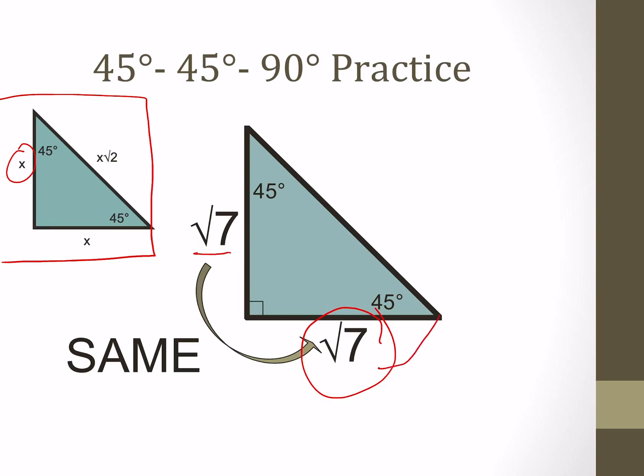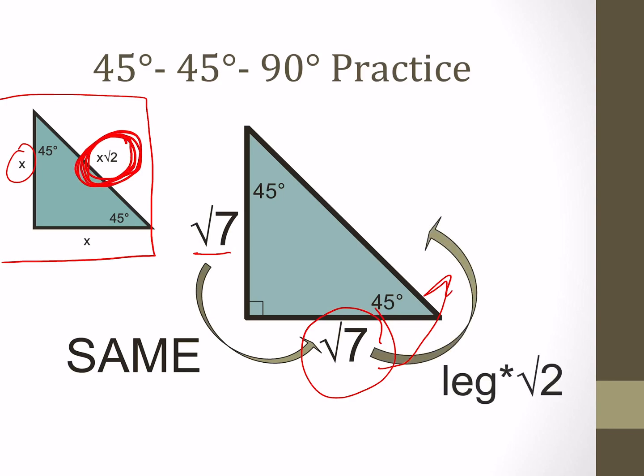So then what would I do to get to my hypotenuse? Well, according to this, I'm going to take my x and multiply it by radical 2. So I'm going to take my rad 7, multiply it by rad 2, because x rad 2, and rad 7 is your x. You get radical 14.